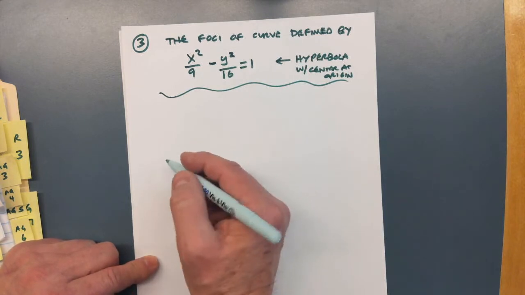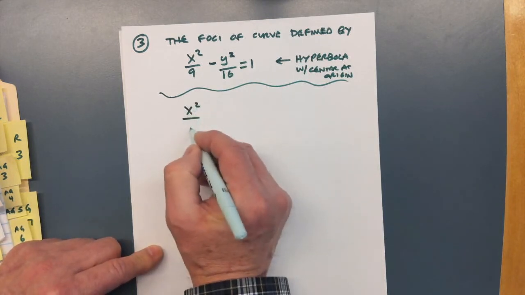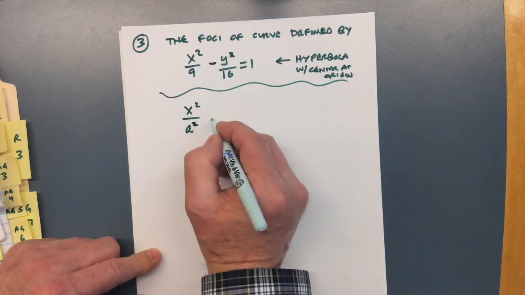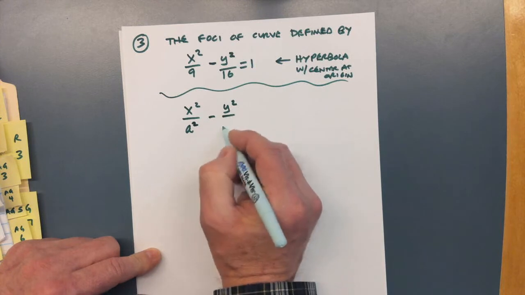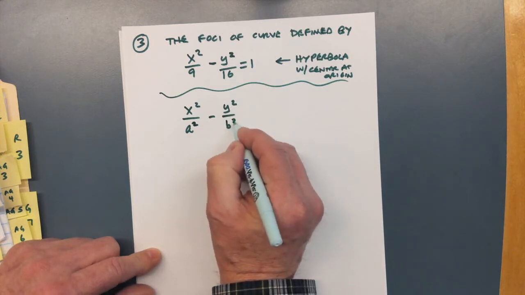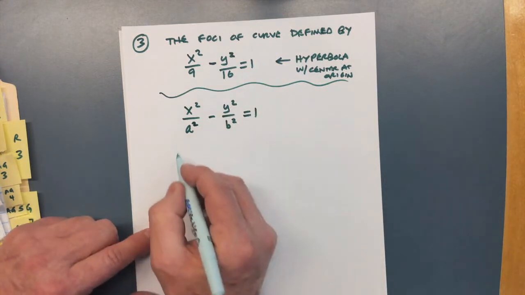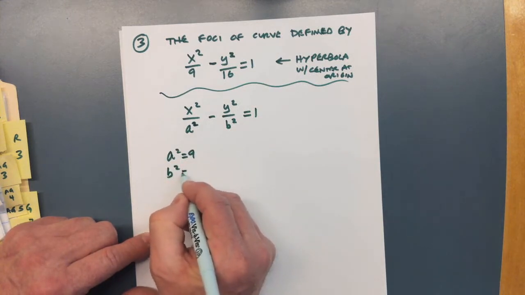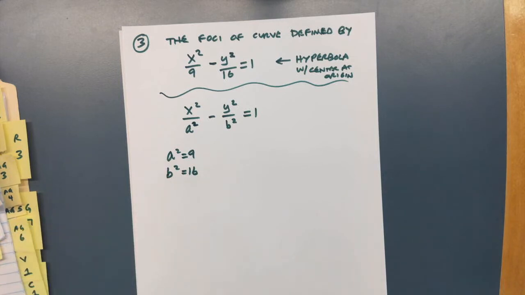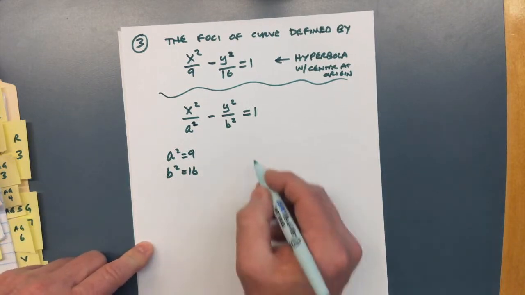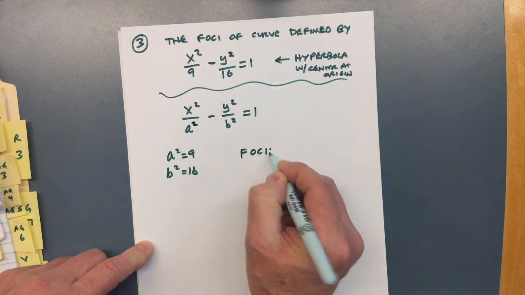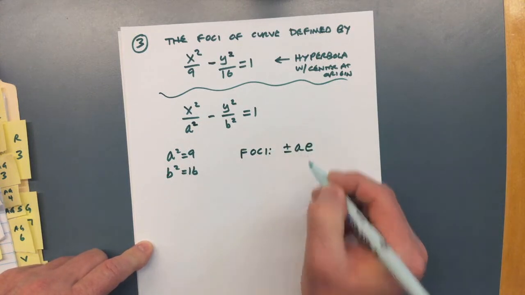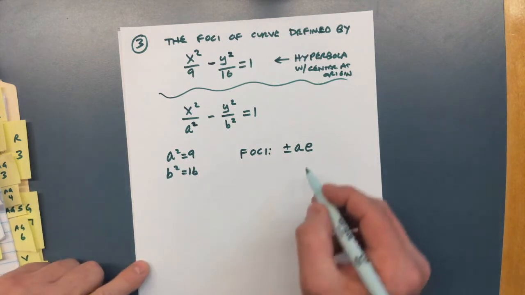And the general equation for a hyperbola with center at the origin is x squared over a squared minus y squared over b squared equals 1. So a squared equals 9, b squared equals 16. And the foci are at plus minus a times e, where e is the eccentricity.